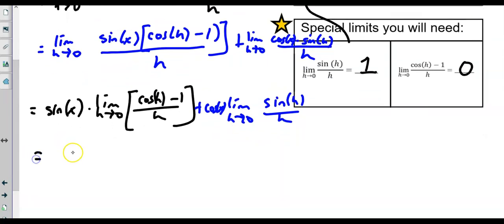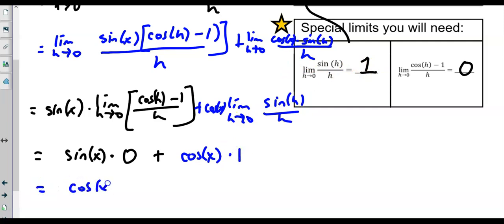And I get sine x times the limit as h approaches 0 of this one, which is 0. It's right here. So that's 0. Plus cosine x times the limit, this limit is 1. Well, that just leaves me with cosine x.